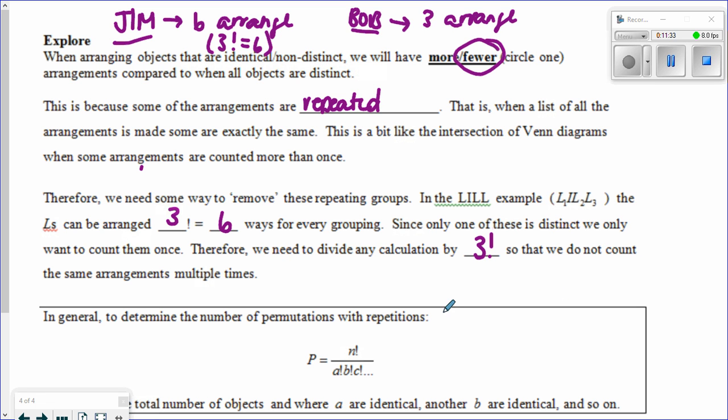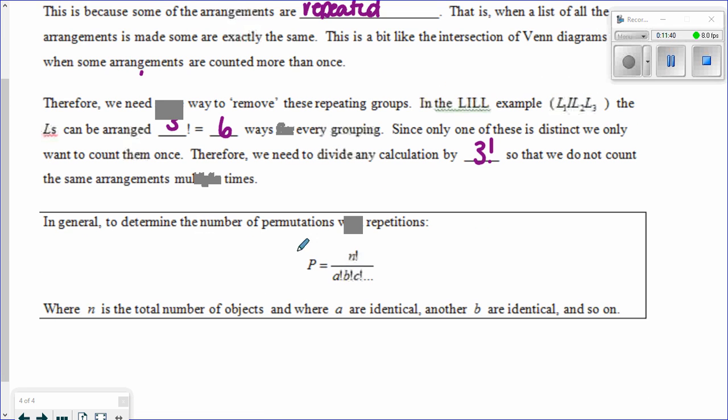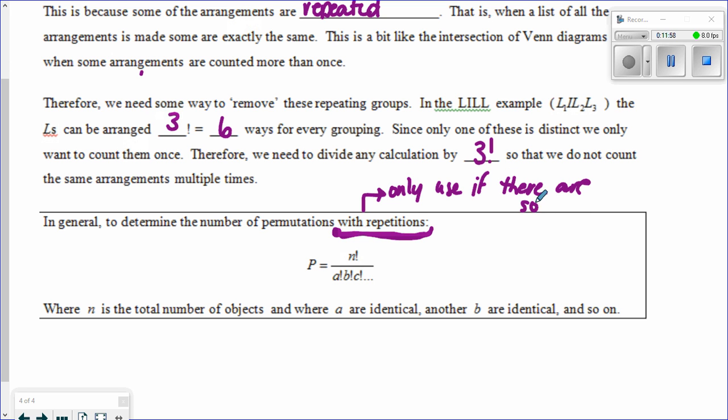So our general formula for this one, it says in general, to determine the number of permutations with repetitions, let's put a big underline underneath this. So we only need to use it if there are some repetitions. Some repeats.